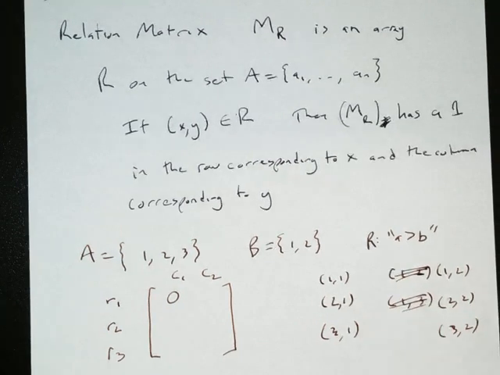In each of these ordered pairs, it's the row number followed by the column number.